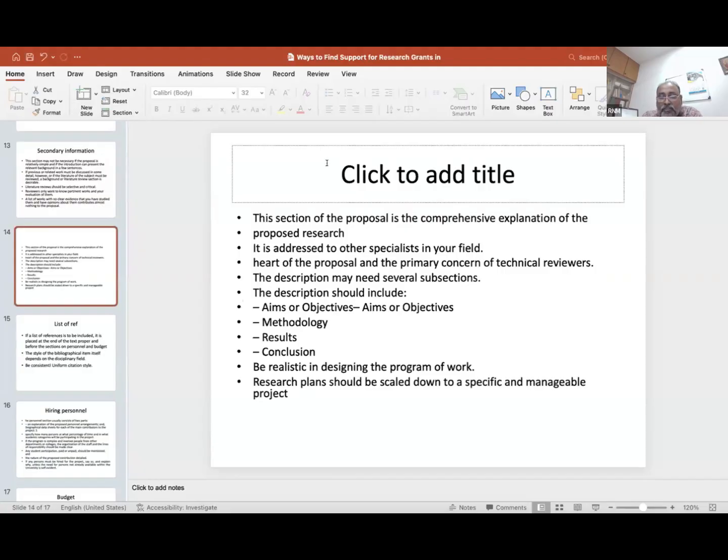So now, another thing is that our proposal always should, suppose you are writing something on housing, cite those who are working in rural housing. Many experts, when they write a research article, also motivate others to explore certain aspects or phenomena which they were unable to.